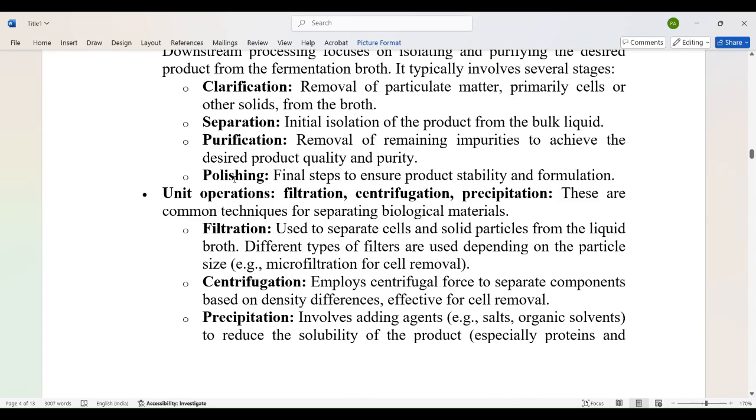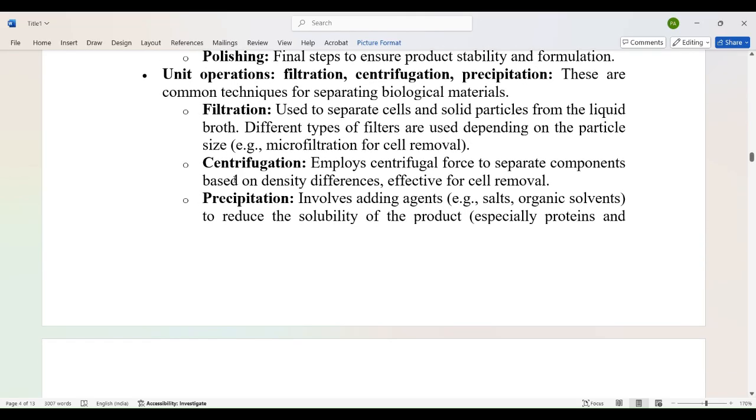For separation, for example, we apply filtration techniques. For purification, we majorly use chromatography, and polishing is for our final product stability and formulation up to packaging, right? So these are the unit operations under downstream processing.